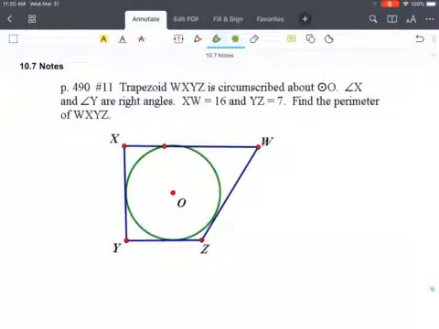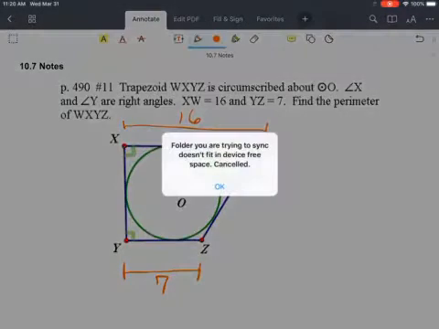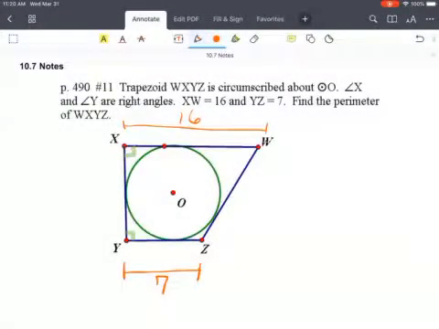Last example, looking at a trapezoid that is circumscribed about the circle. Angle X and angle Y are right angles. XW is 16 and YZ is 7. Finding the perimeter here, we need to remember that we have tangents here.